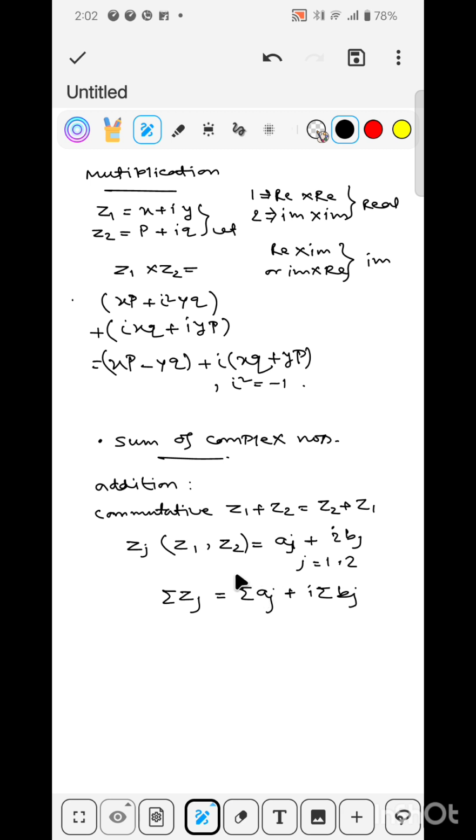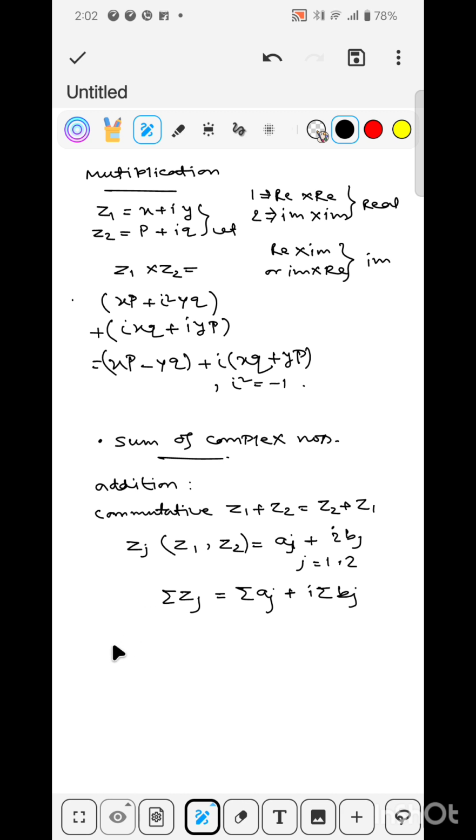That means in which way we add the real numbers does not matter. That means a1 plus a2 is equal to a2 plus a1, and b1 plus b2 equal to b2 plus b1. That means commutative property holds.